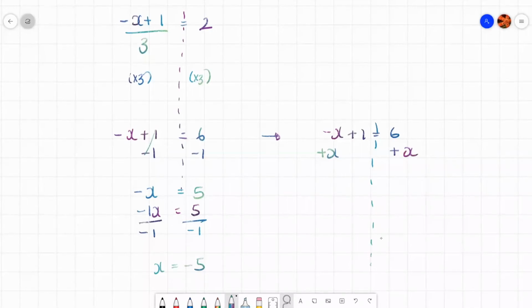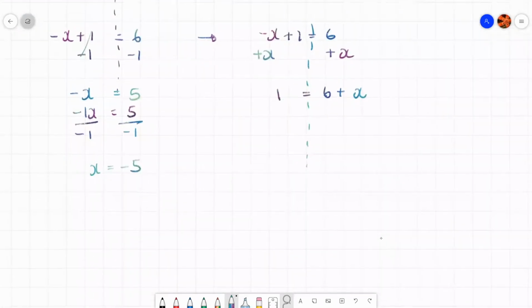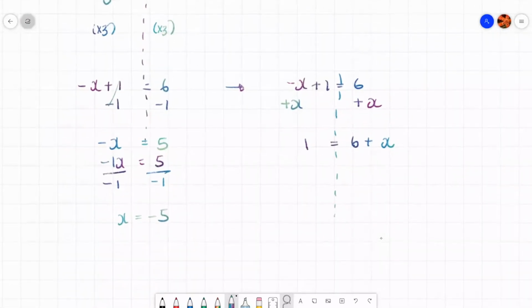Minus x, add x, nothing. So I'm left with 1 equals 6 add x. Now I need to get rid of the number 6 by subtracting 6 on both sides. 1 take 6 is minus 5. 6 take 6, nothing, and x, so x equals minus 5. And you can see we've ended up with the exact same answer.